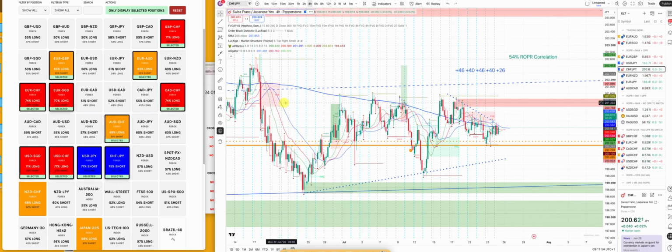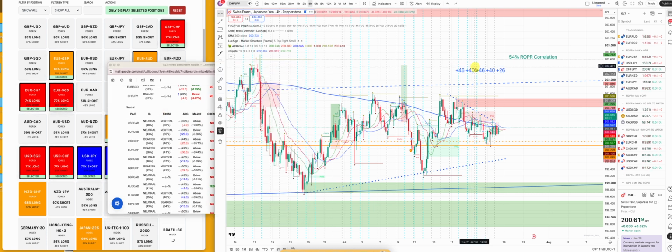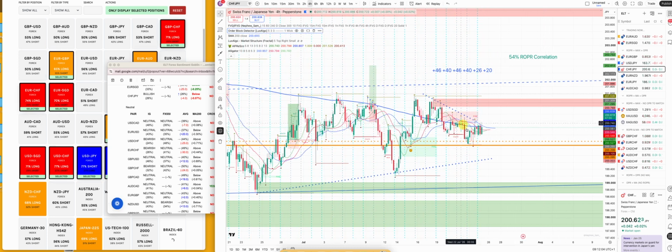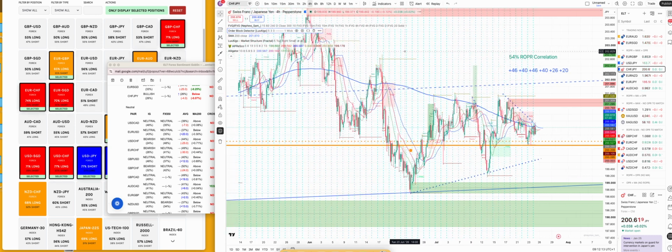Alright, Swiss yen, bullish and plus 20. So things that do line up on the Swiss yen apart from price action, which is a big fat mess. Let's have a look at the broader picture on this pair.